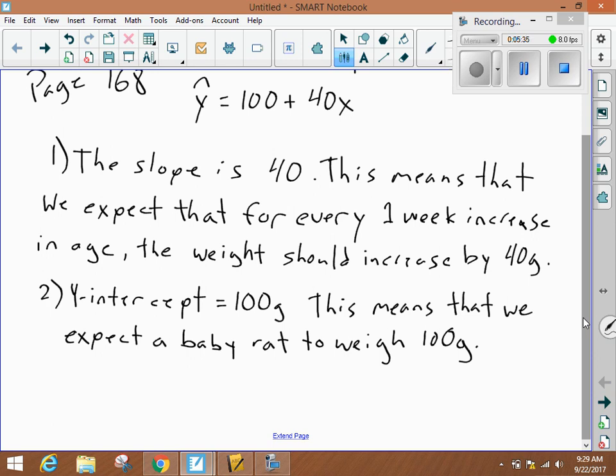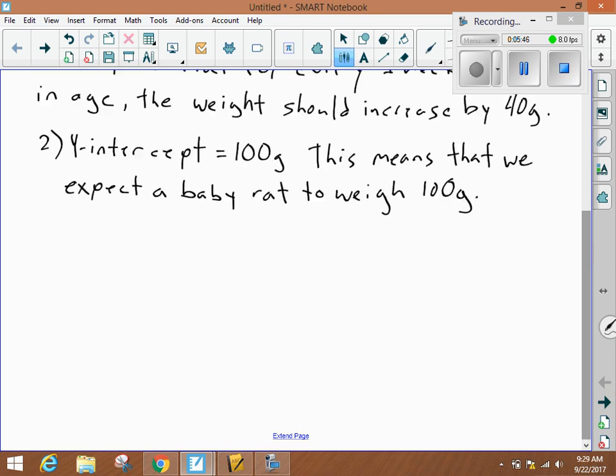Okay. Hey, let's predict this rat's weight after 16 weeks. So, if we're going to make a prediction, we're going to use our regression equation, and then we're going to input, how many weeks again? It was 16 weeks.